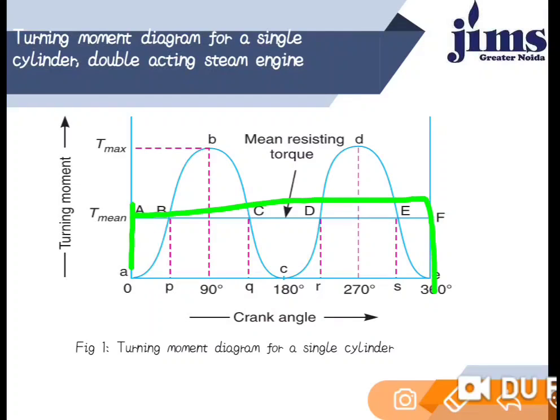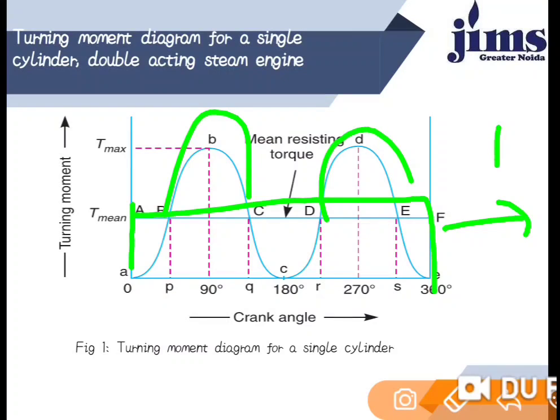And the areas above this curve, like ABC and CDE, are the excess work, because here we are going to calculate this work from the mean resisting torque line, that is AF.